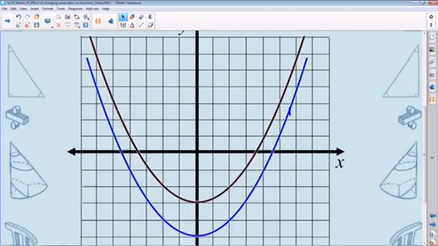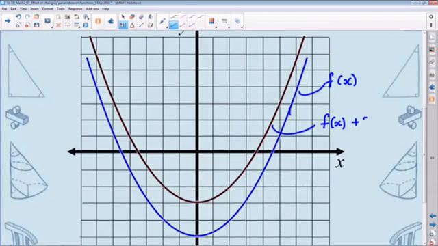So if we give this a name, this is your f of x, right? But now, when I'm moving it 2 units up, this will be your f of x plus 2. Whatever equation that you have for the graph, you'll add 2, then you'll get a new function.